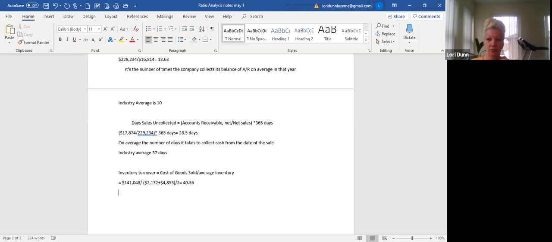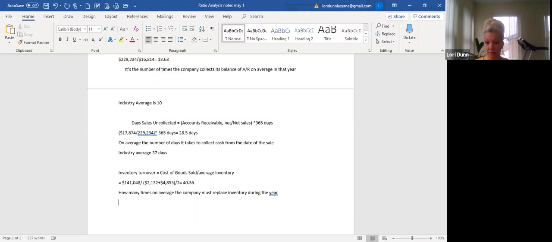What does it tell us? Just like accounts receivable turnover tells us how many times during the year we collect on accounts receivable, inventory turnover tells us the same thing, but related to inventory. So really you can look at this ratio from 2 perspectives. You can say it's how many times on average the company must replace inventory during the year.